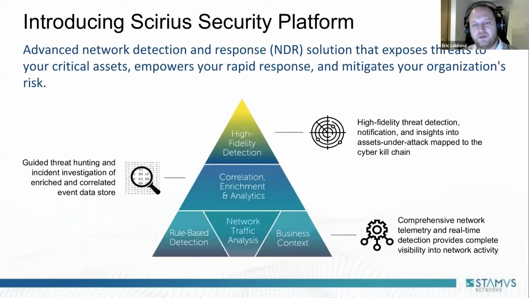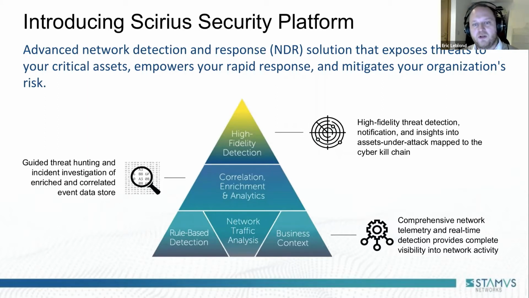So Scirius Security Platform is an all-in-one system with a manager, probes, and everything is managed through the web interface. And you can do threat hunting on the data using your interface, or you can use the data we provide in an external tool like a SIEM or something like that, Splunk being one of them. We are doing rule-based detection, network traffic analysis, and we enrich everything with context like business context, like geo IP, a lot of different enrichment that allow you to get data that are ready for use with advanced tools that you can have in your organization.